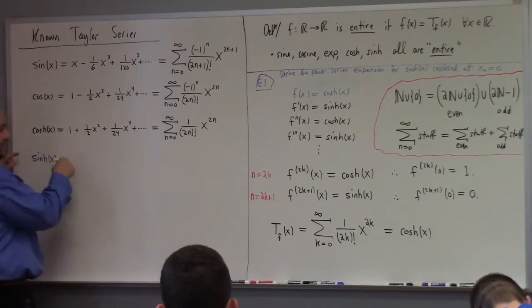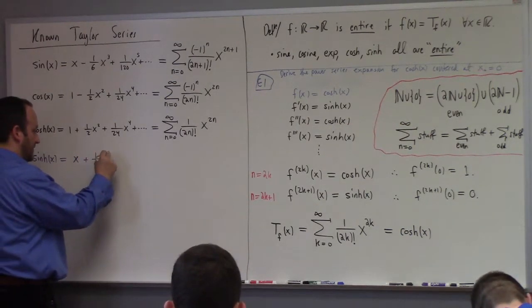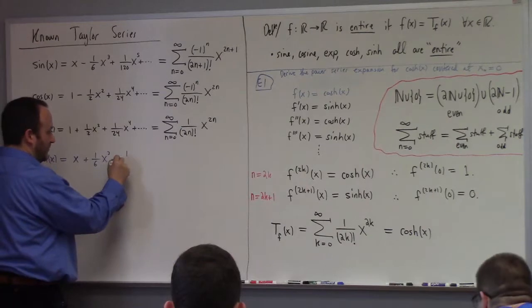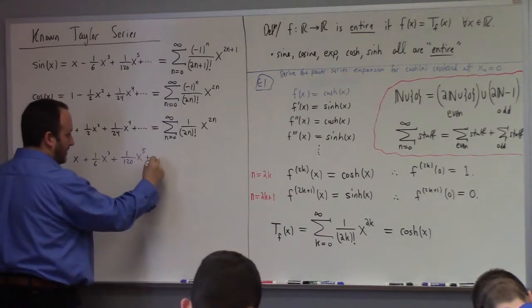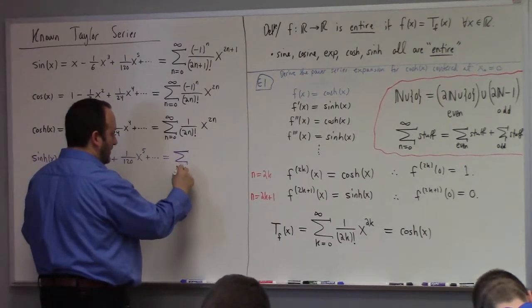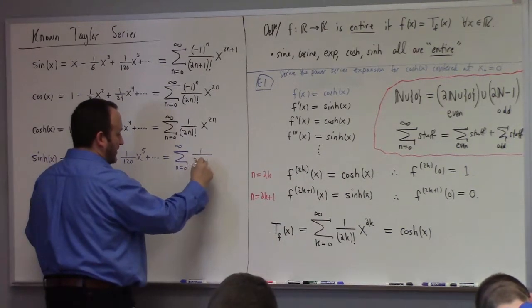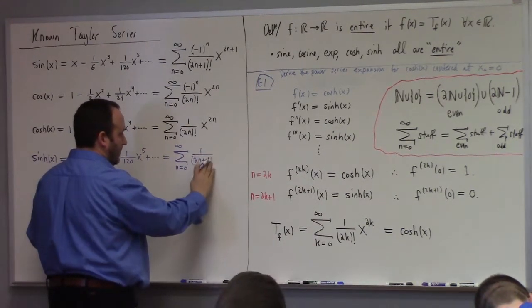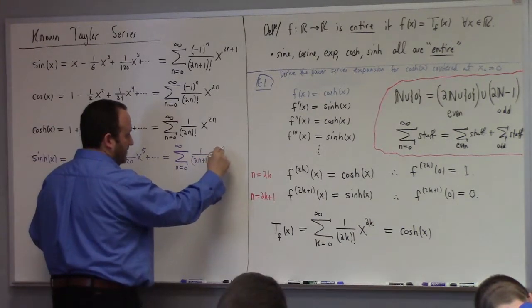So differentiating cosh gives me x plus 1 over 6 x cubed plus, well, if you wrote it down, it would be 1 over 120 x to the 5th. And on the other side, we get the sum n equals 0 to infinity of 1 over (2n plus 1) factorial x to the 2n plus 1.